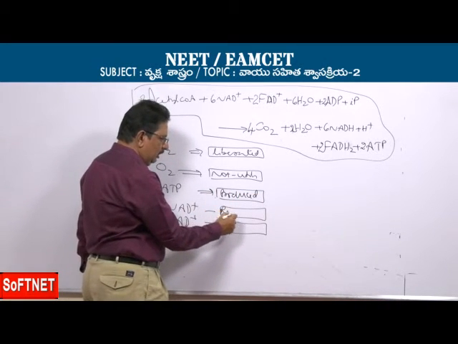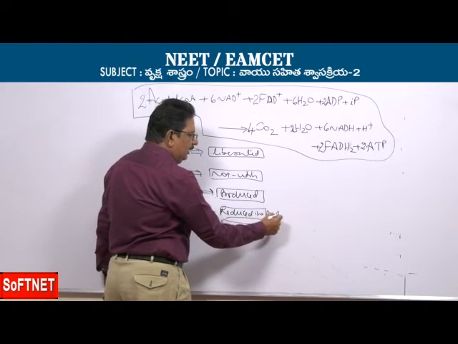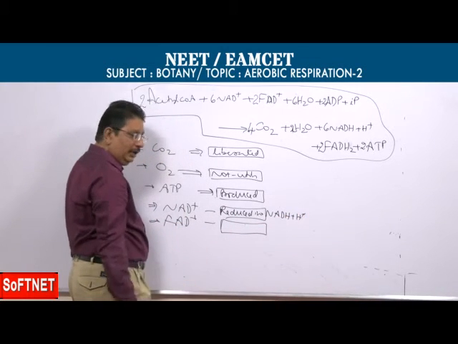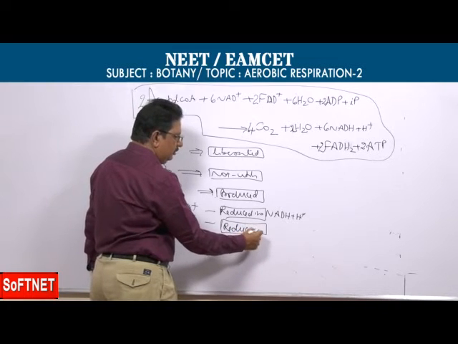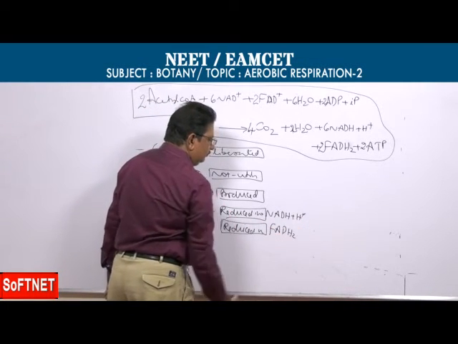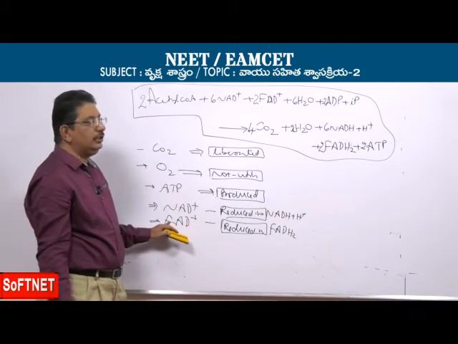NAD plus is reduced into NADH plus H plus, and FAD plus is also reduced into FADH2. So, this is a little summary of the TCA cycle.